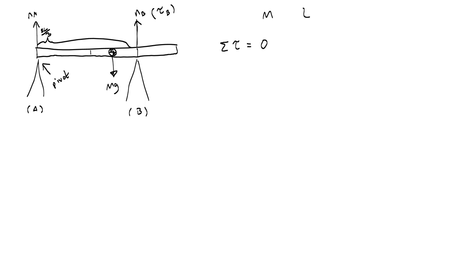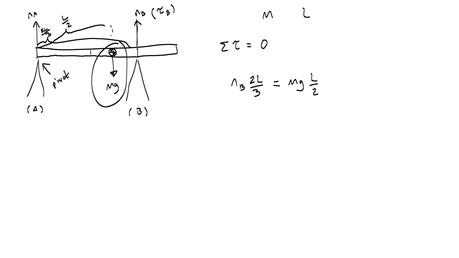So NB times 2L over 3 is that torque that's going to try and rotate the system counterclockwise. Now, it's going to be balanced by the torque from the weight, which is put at a distance of, if you can imagine, just L over 2. So we know that that torque is going to be mg L over 2.